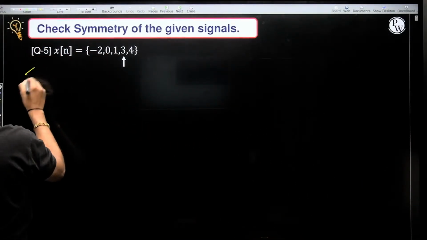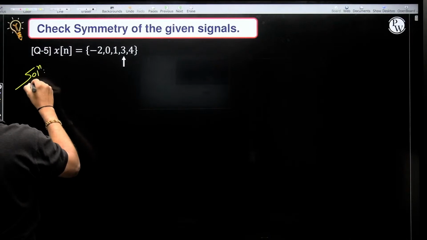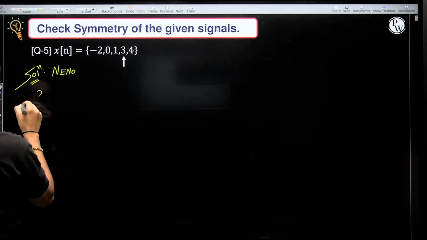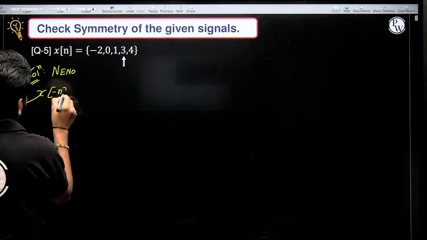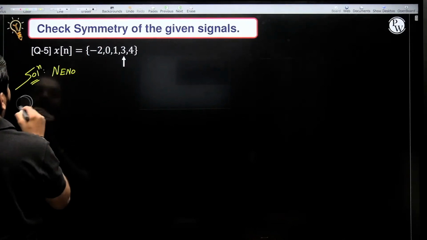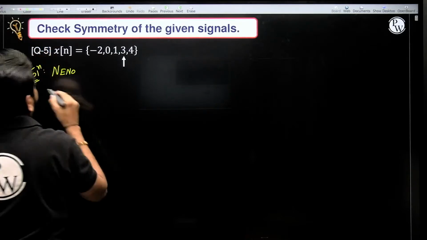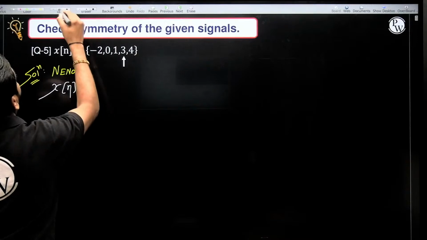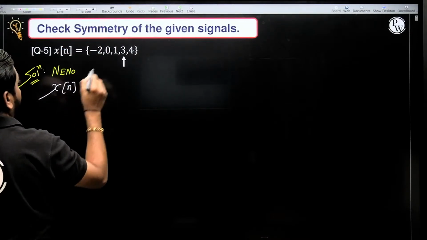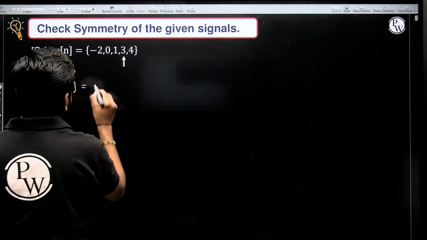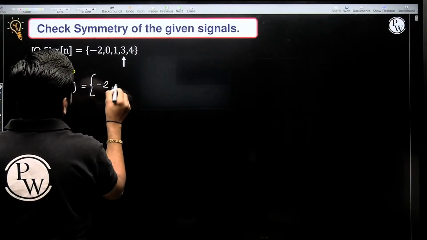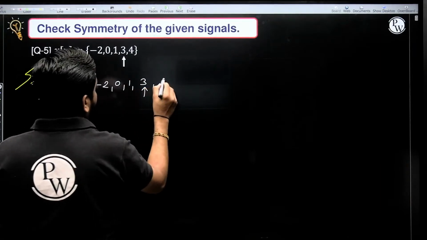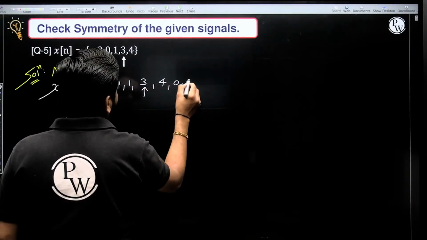Again, the given signal is neither even nor odd. Now x of minus n. First of all, make equal number of samples on both sides. Right side has only one sample, left side has 3 samples. Minus 2, 2, 1, 3, 4, 2.